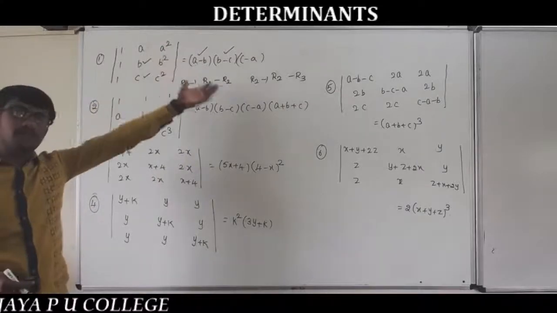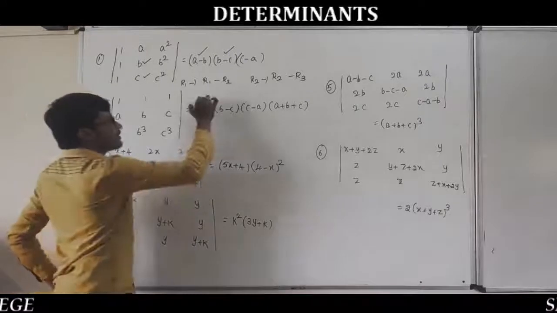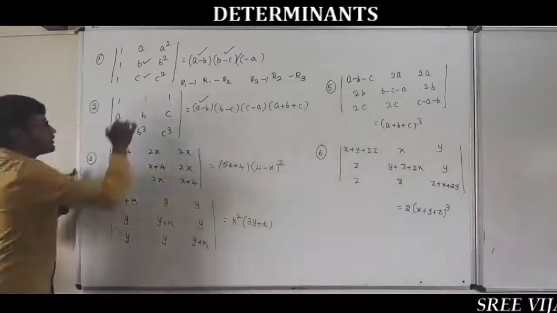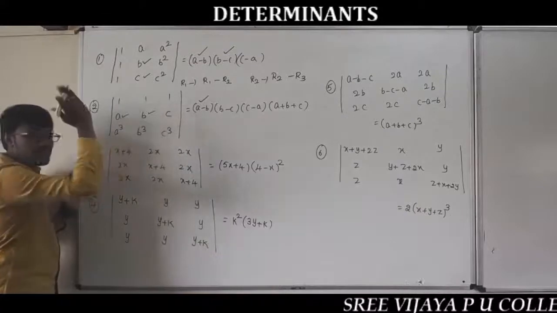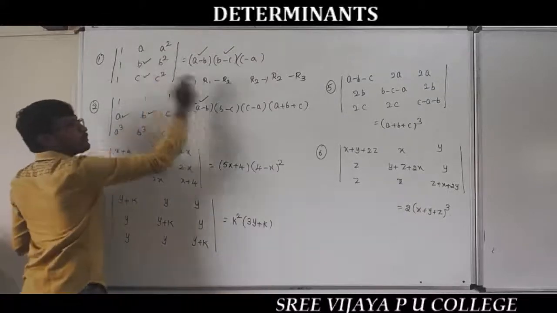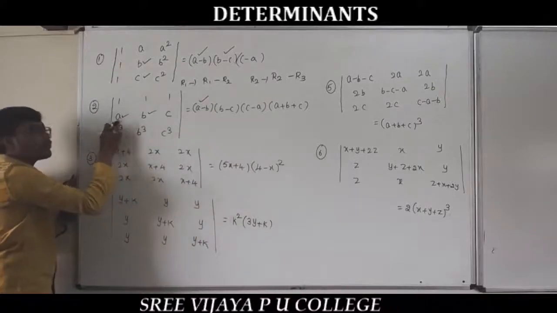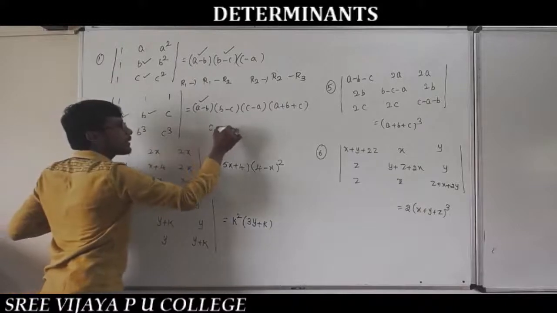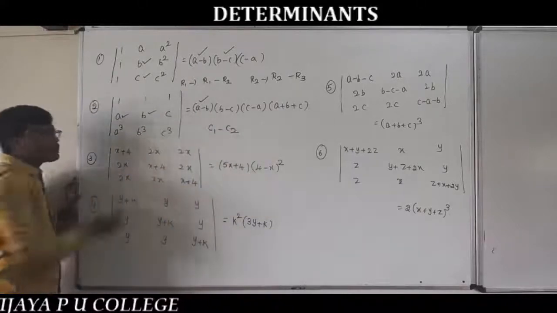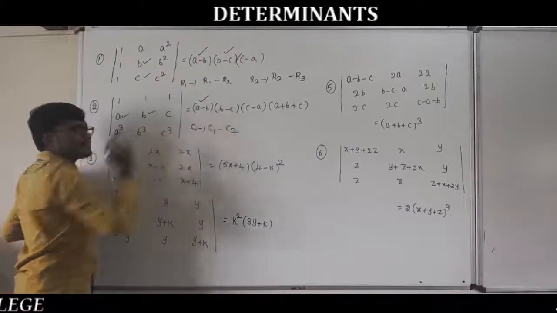Afterwards, we can apply any elementary operation or we can directly expand. Okay. Next, a minus b: you can apply this minus this. For left and right, you apply column operations; for top and bottom, you apply row operations. It is in column 1 and column 2, so to make this a minus b, you can apply the elementary operation C1 minus C2. If you subtract these two, you will get a minus b.